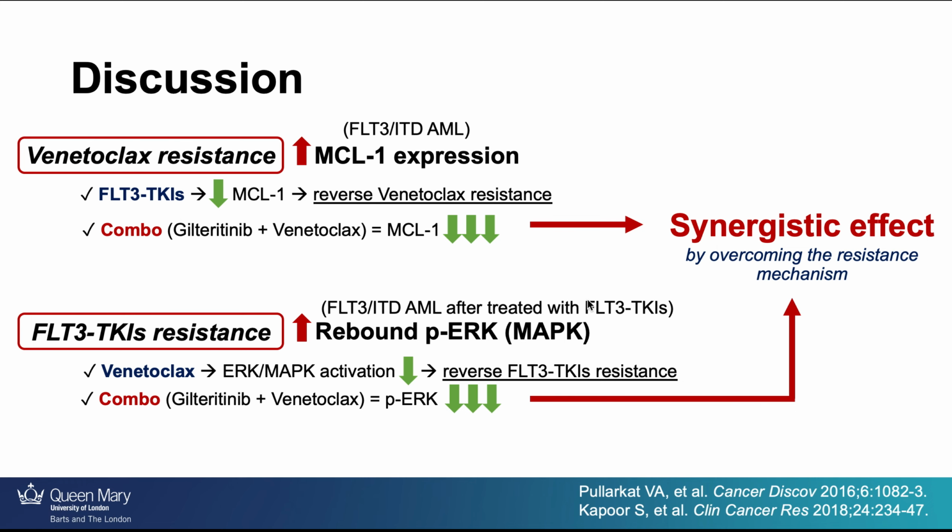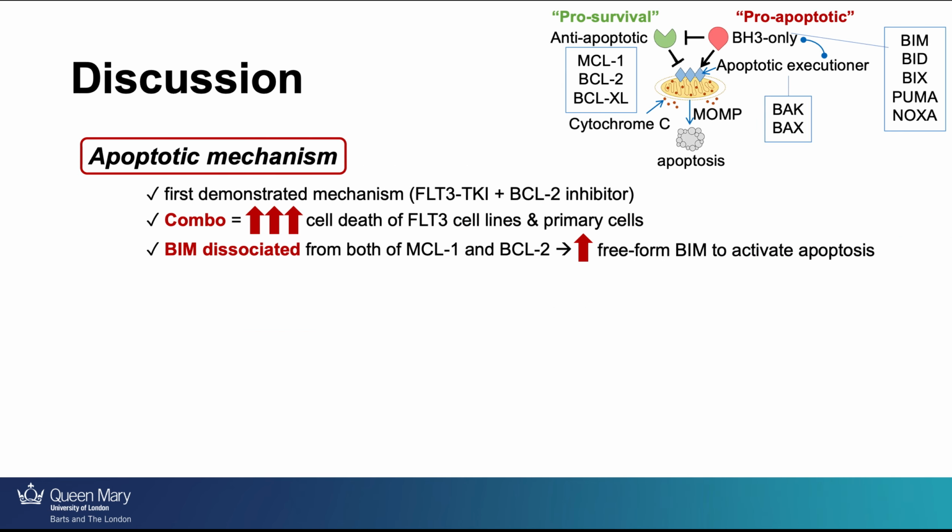And treating with FLT3-TKI for a long time can result in rebound of phospho-MAP kinase signaling that leads to the FLT3-TKI resistance mechanism. Venetoclax can dampen the MAP kinase activation, and the combination also showed a much greater effect here. This study demonstrated the mechanism between these two agents leading to increased cell death, and BIM is the major player in the apoptotic machinery here.